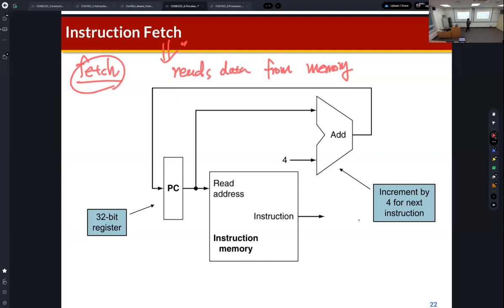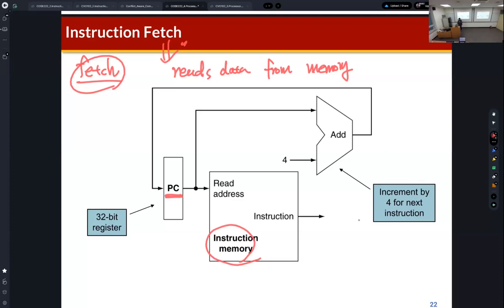Instruction fetch is that the processor reads an instruction from instruction memory. So instructions are stored in instruction memory. And we learned that we can read a target instruction using the program counter, right? Because I explained that a program counter is the address of an instruction.